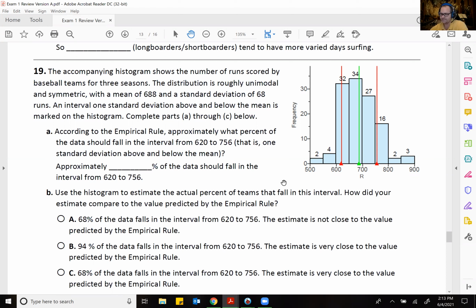And then we know that 1 standard deviation above is at 756, and 1 standard deviation below is at 620. Our mean was 688 and our standard deviation is 68.